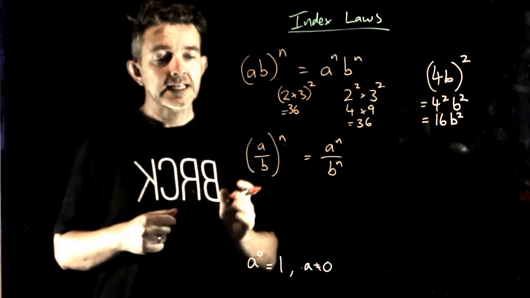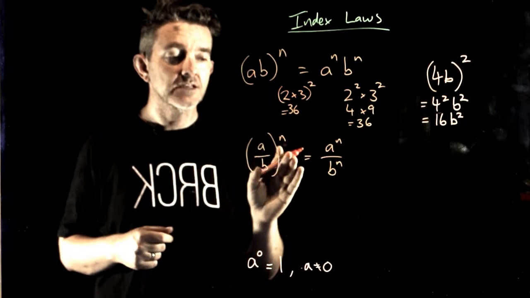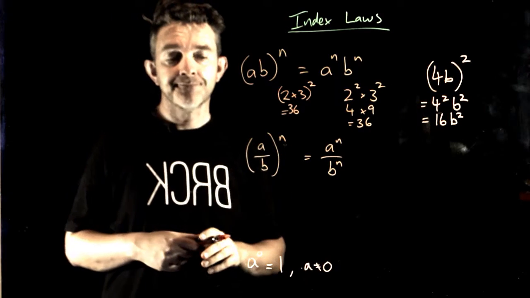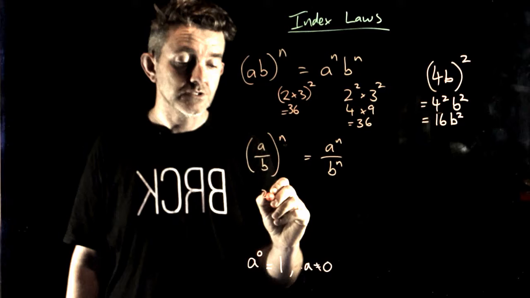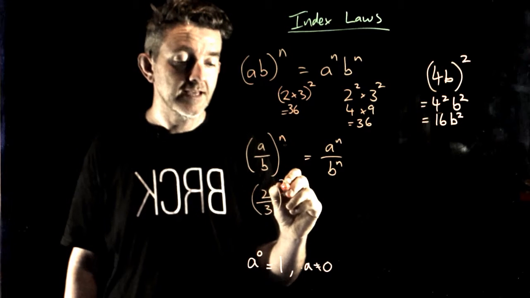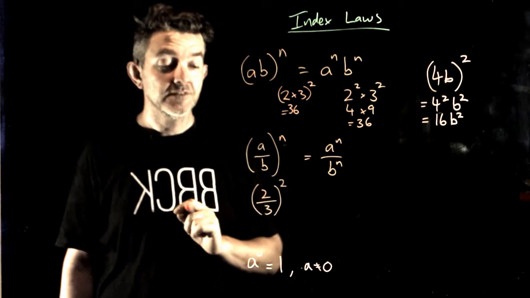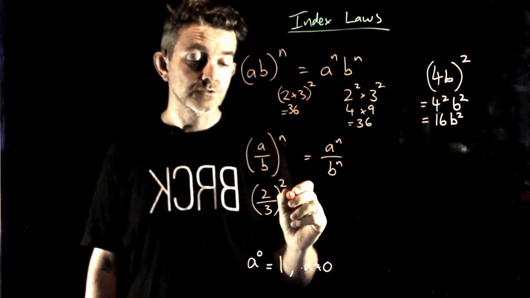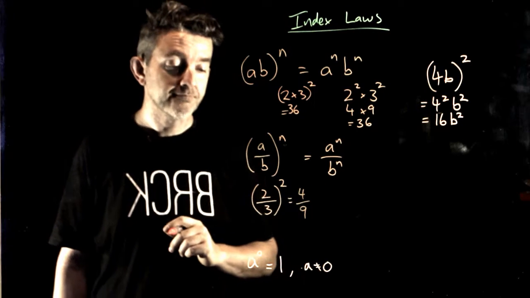Next up, I've got a divided by b to the power of n equals a to the power of n divided by b to the power of n. So let's just try that out with the same numbers. If I put 2 on top and 3 on the bottom, and if I square that, when you square a fraction, you've got to multiply the top numbers and the bottom numbers together. That's going to be equal to 4 over 9, 4 ninths.